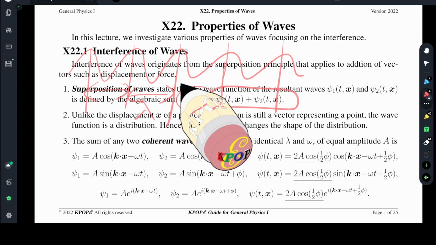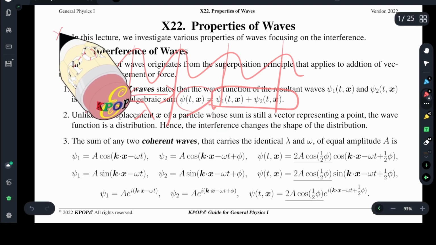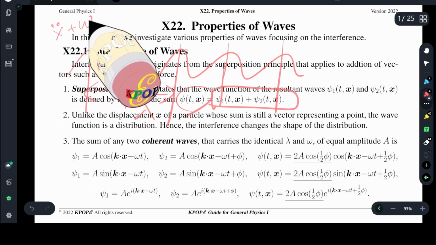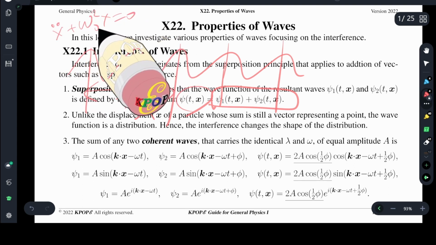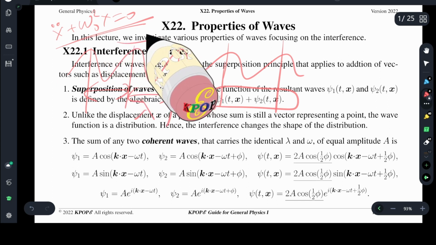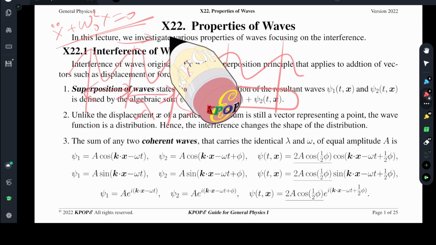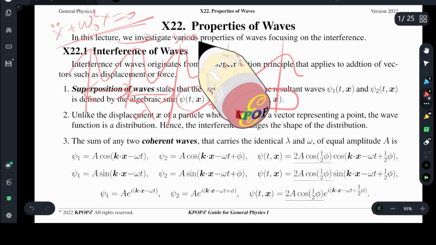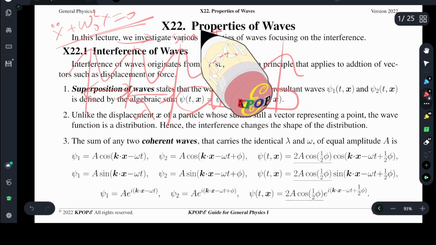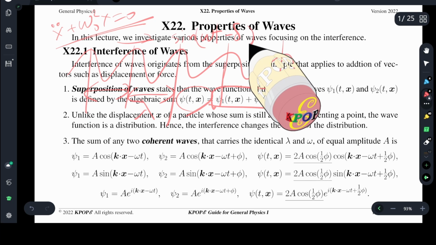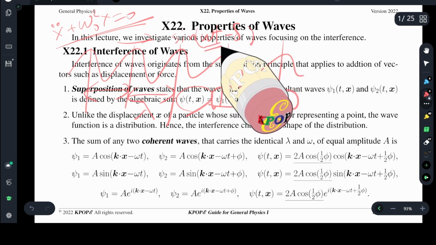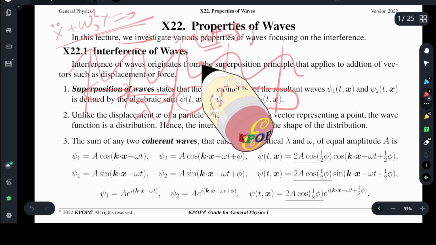In addition, because a wave is a collection of simple harmonic oscillators that satisfies this equation of motion, the solution of this is a sine function, a sinusoidal function. So we use omega t minus delta, something like that. This is the time dependence of a single oscillator.